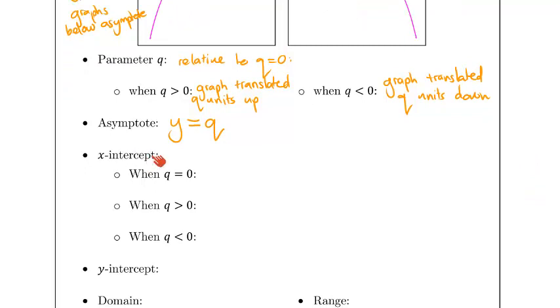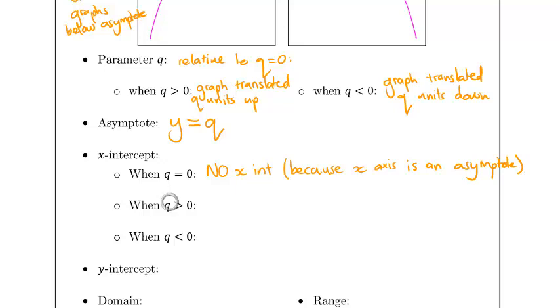Here's an interesting one. The x-intercept when q equals 0. Remember, when q equals 0, that means y equals 0 was the asymptote, which means that the x-axis itself was an asymptote. So there was no x-intercept when q is equal to 0, because the x-axis is an asymptote when q is equal to 0.